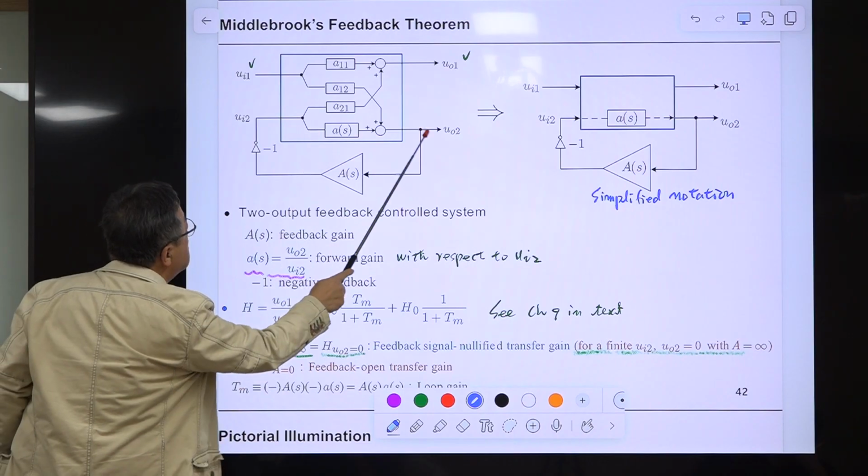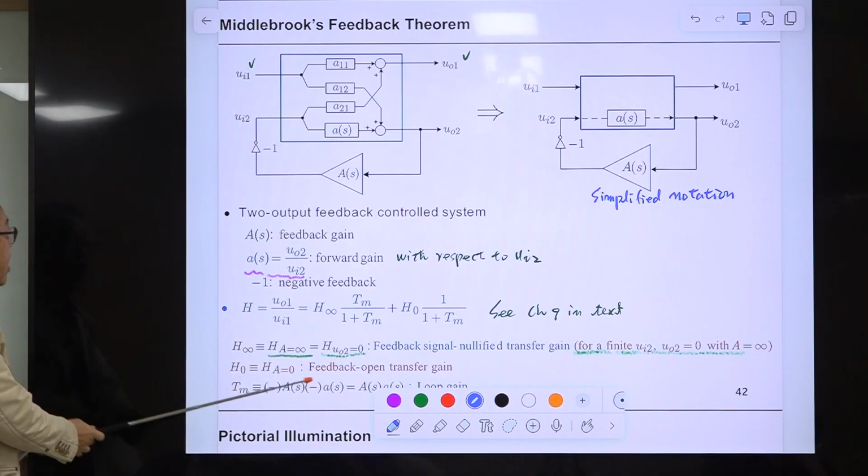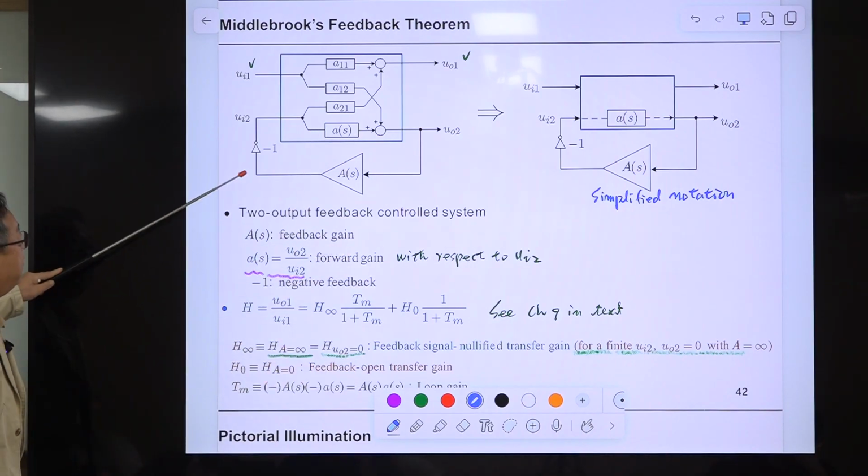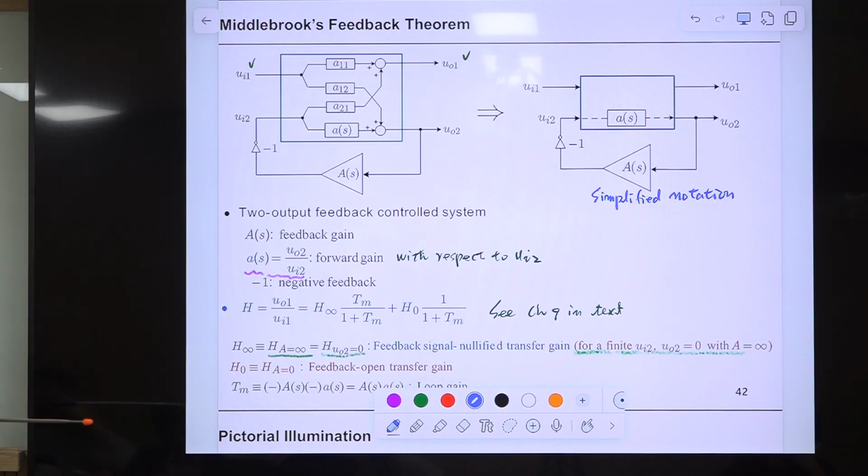So it goes through this, and that is the forward gain, and this -1 represents negative feedback. Most feedback is negative feedback unless you are making an oscillator, right?